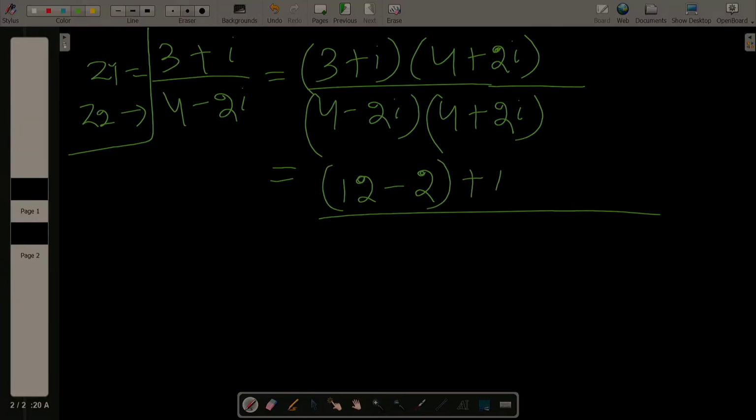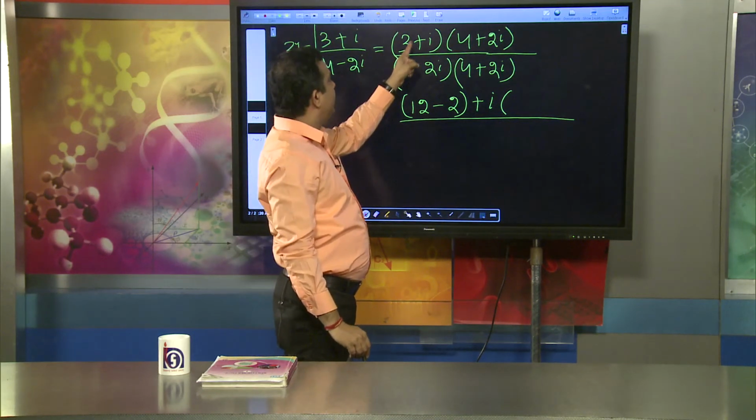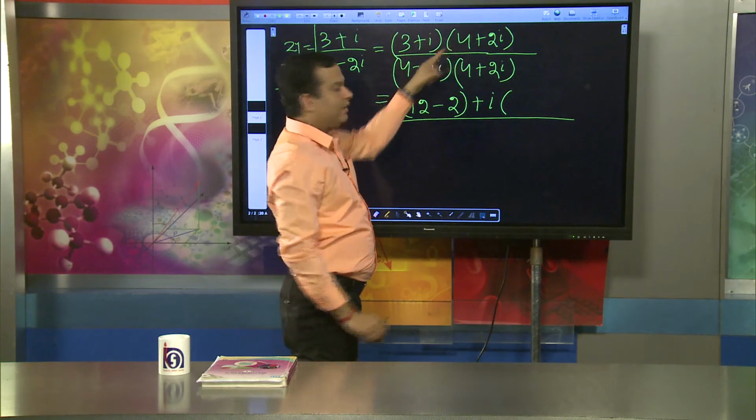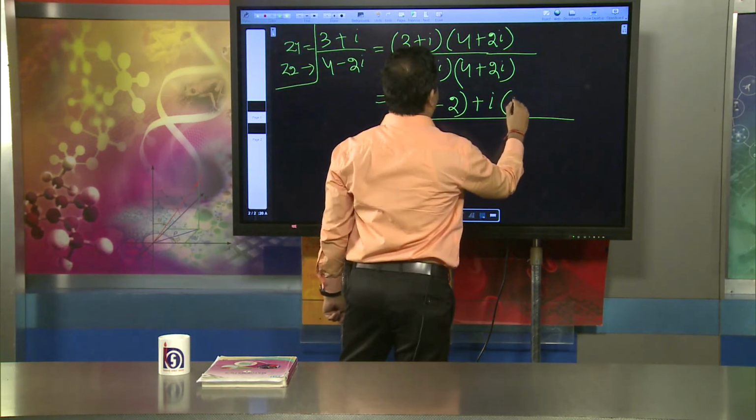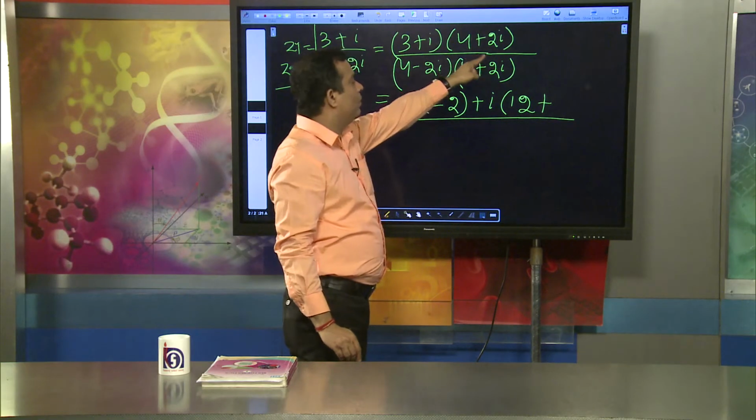Plus i into AD plus BC. AD here is 3 into 2, that is 6, and BC means B is 1 and C is 4.